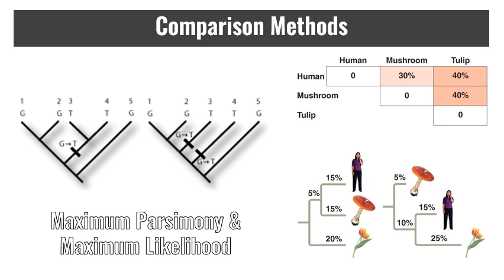Likelihood methods are complex and use a lot of information, but if you have trees that are equally parsimonious, a tree that assumes DNA changes have occurred at equal rates along the branches is going to be more likely than one that assumes they are different. So the one on the left is assuming an equal rate of change versus the one on the right, so that would be considered the most likely.